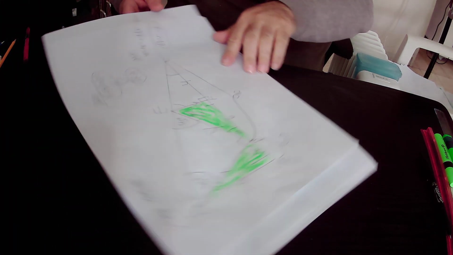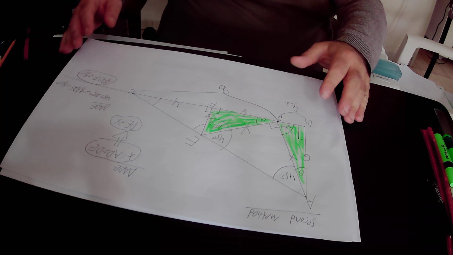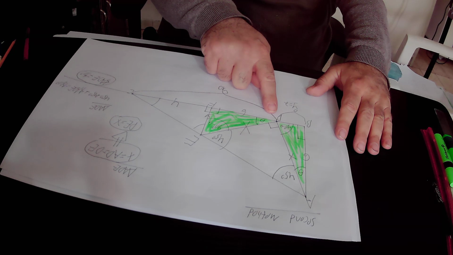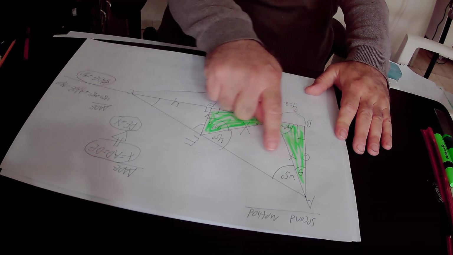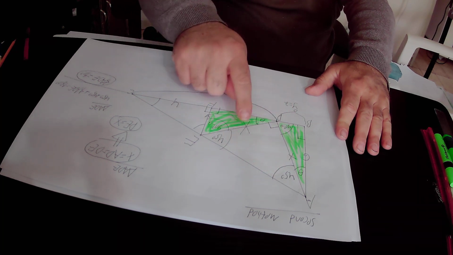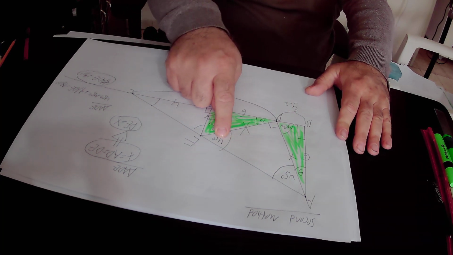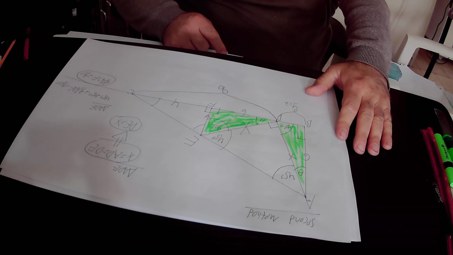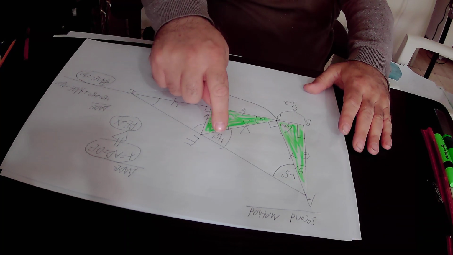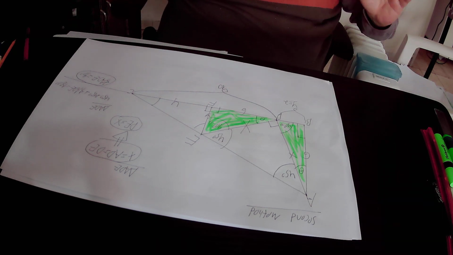Here, from point D, we draw a straight line to AC in such a way that angle AED will be equal to 45 degrees. So angle AED equals 45 degrees according to our construction.